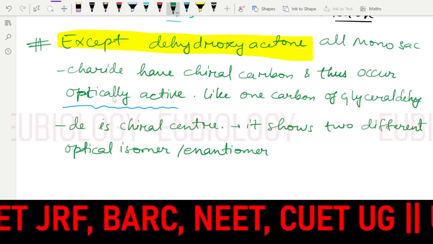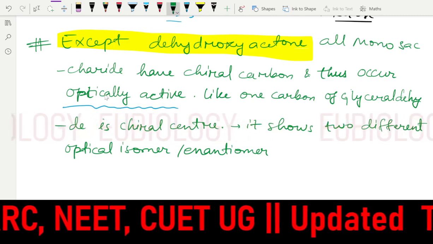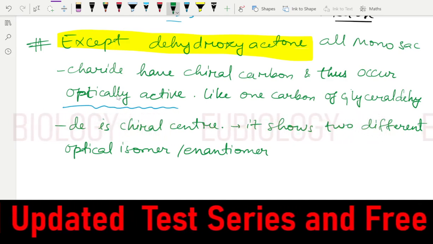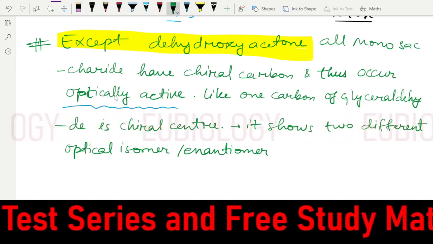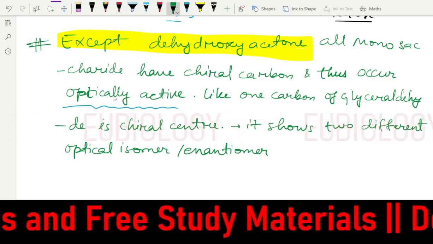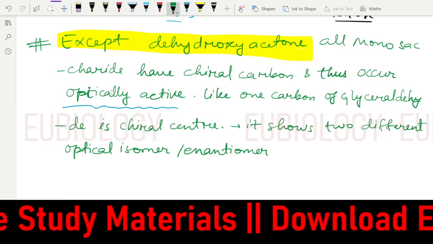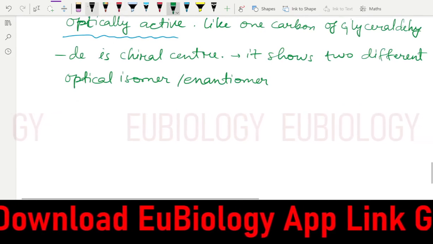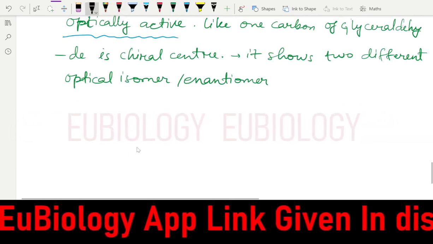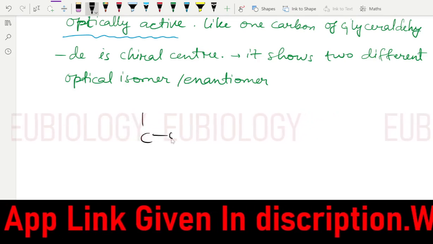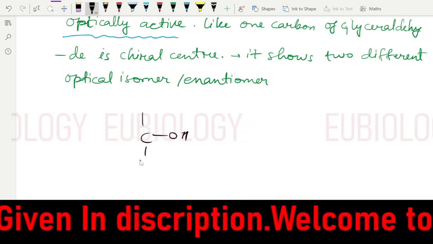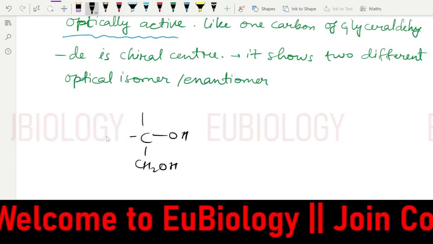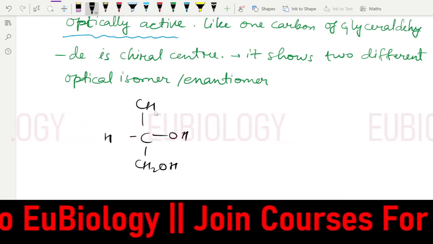Or in simple terms, it will form a mirror image which is not similar to the original compound. Like in a mirror, your right hand will be the left hand of the mirror image. Like that, if you see glyceraldehyde, you'll find the carbon with OH, CH2OH, and CHO.